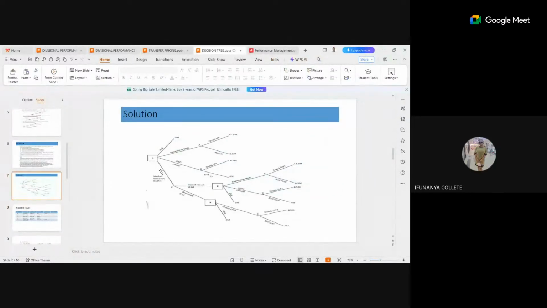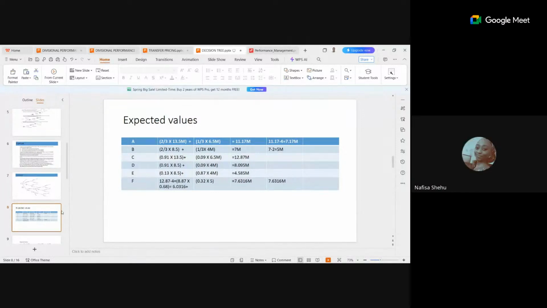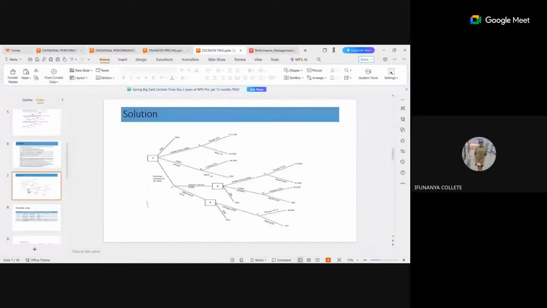Now, the next is market research. For market research, the expected value is 7.6316. We incur 0.2 million. What is 0.2 million?